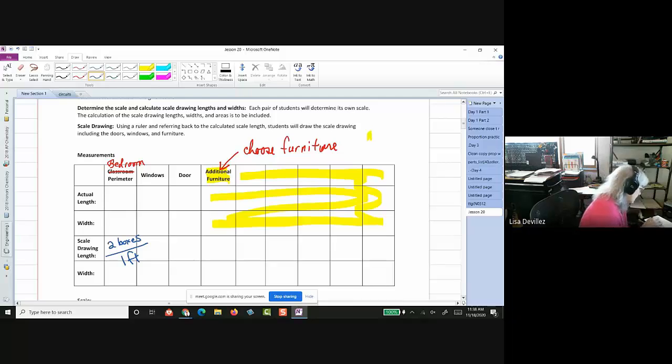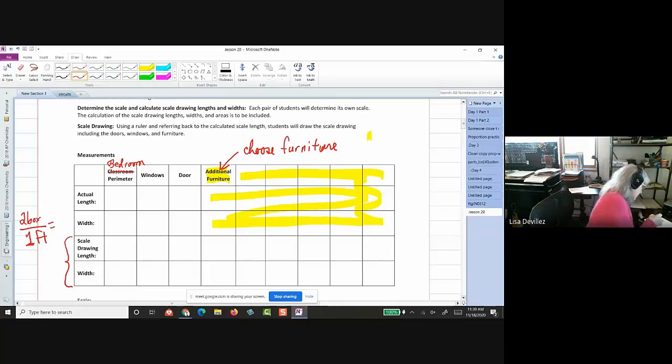All right. And so then what you'll do, and I shouldn't have written that on there. Say that is my scale factor I'm going to use. To get these scale values here, that's where I'll set up my ratio. So if 2 boxes is 1 foot on my graph, that's always going to be on that side of the ratio.